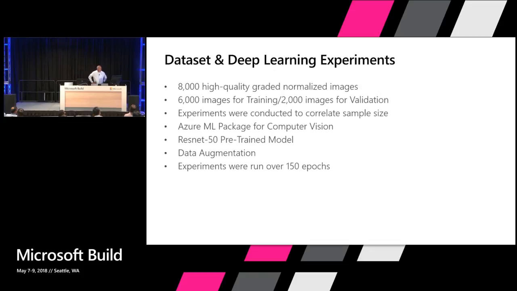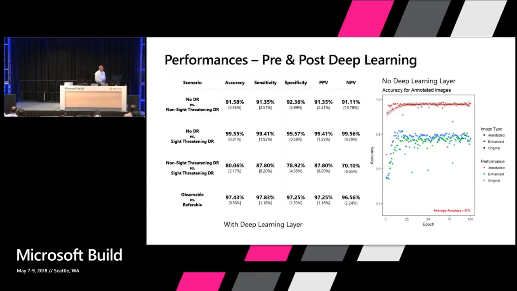I calculated that 6,000 images is enough to use the training package, which is a ResNet 50 pre-trained model with data augmentation. When it's trained, it's validated on the 2,000 images, and I got these results.